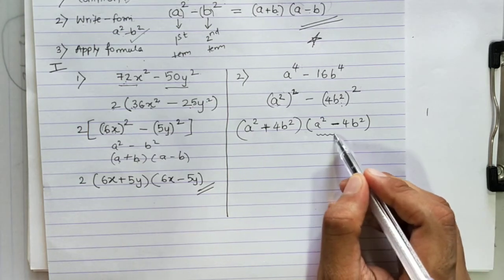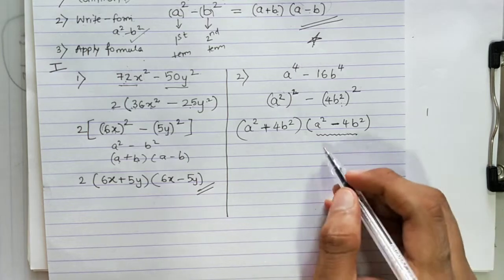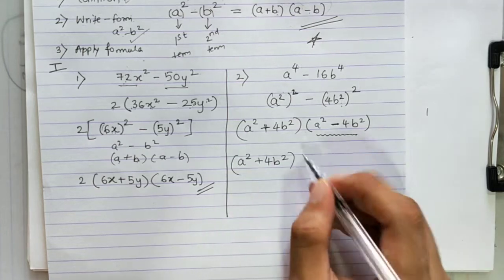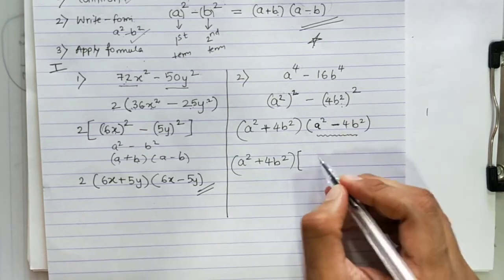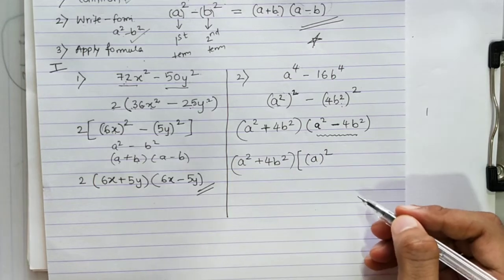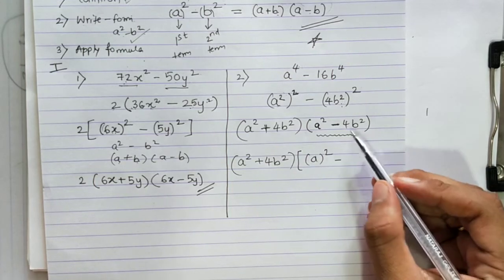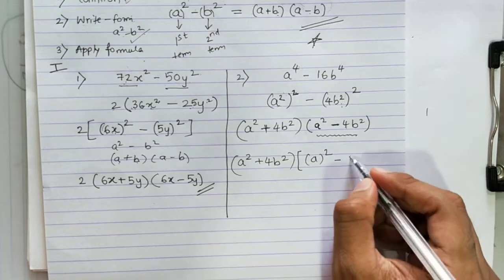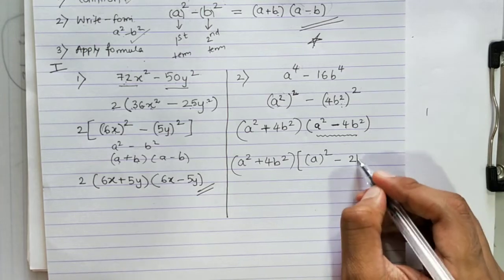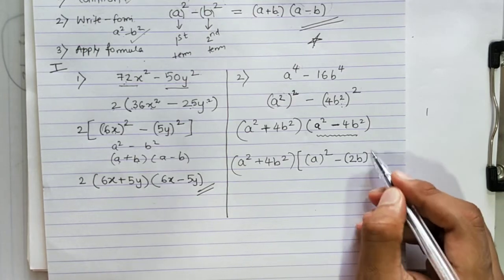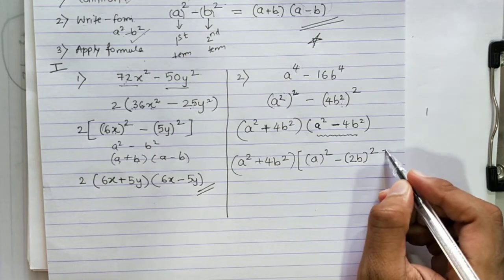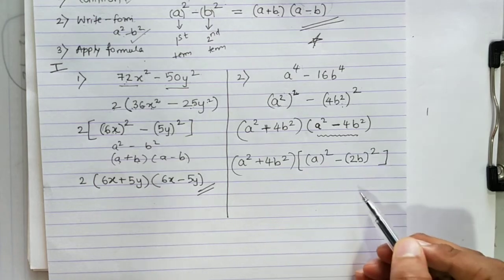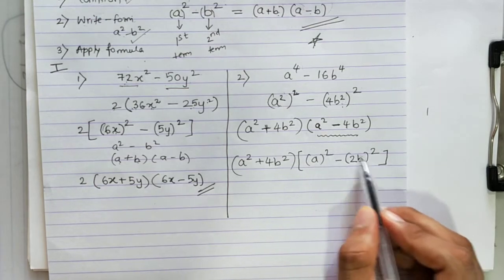This second bracket, if you observe carefully, can again be written as a the whole square minus 4b square. 4 is the square of which number? 4 is the square of 2, and b square is b. So I can write 2b the whole square. Correct? Bracket close. So again this is first bracket square minus second bracket square. That means this is again in the form of a square minus b square.